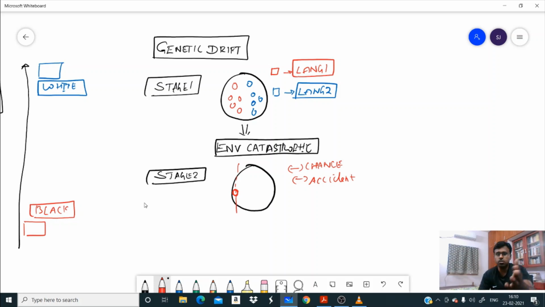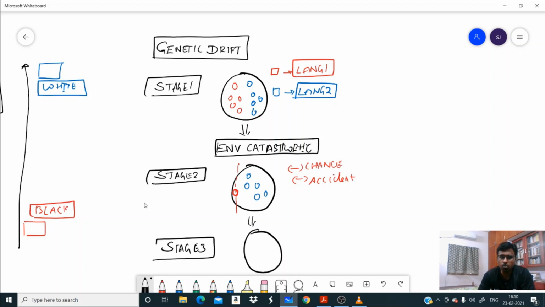The population speaking language 1, having the red gene, has been removed, and hence you will find only the rest of the population. Over a period of time, in stage 3, the population speaking red will go away and the population speaking blue will colonize.